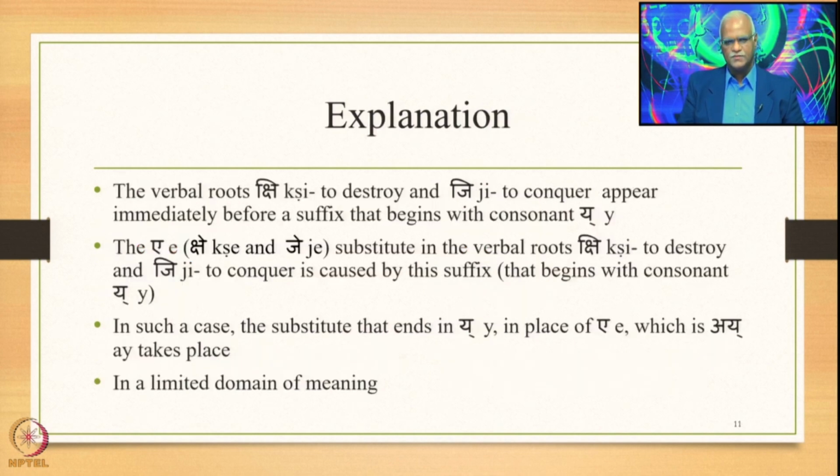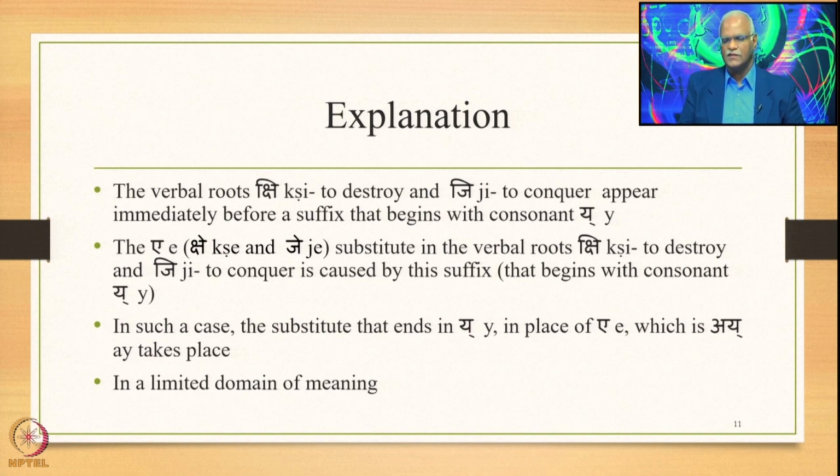The explanation is this: the verbal roots kshi to destroy or to slay and ji to conquer appear immediately before a suffix that begins with consonant ya. The a substitute in the verbal roots kshi and ji is caused by this particular suffix that begins with the consonant ya.